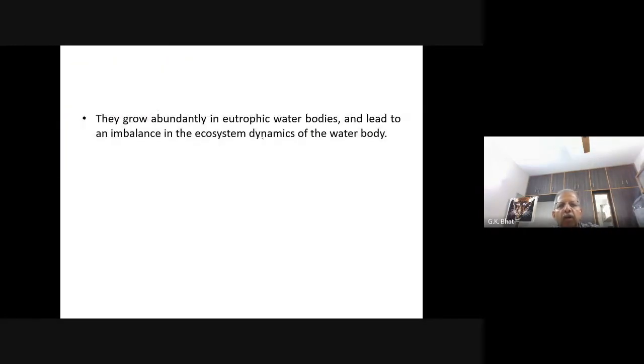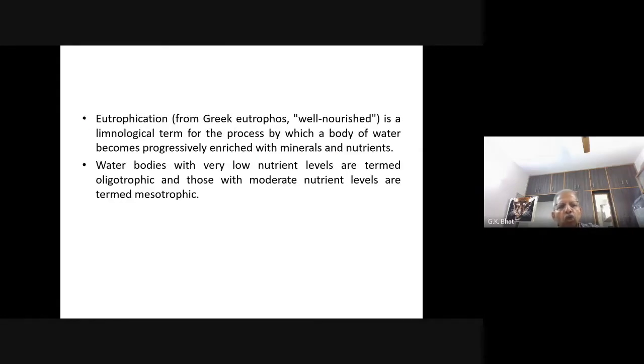They grow abundantly in eutrophic water bodies and lead to an imbalance in ecosystem dynamics of the water body. What do you mean by eutrophic? Eutrophication means well nourished. A lake or pond well nourished, eutrophic, is a limnological term. Limnology refers to the study of fresh water.